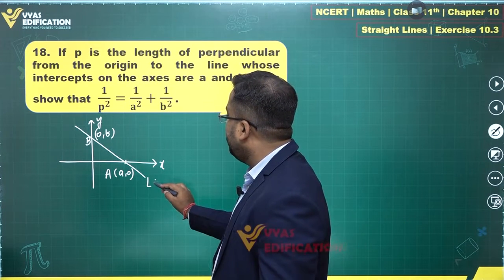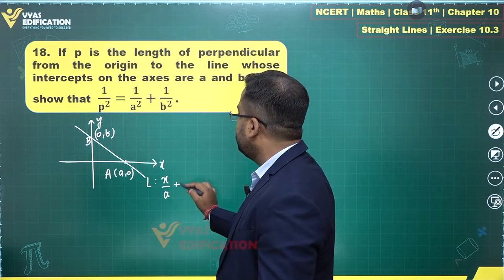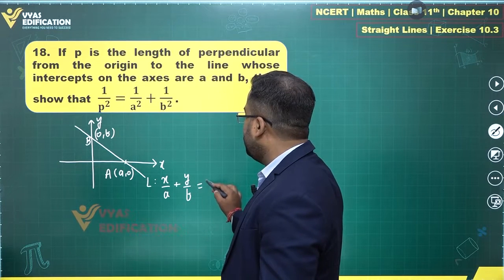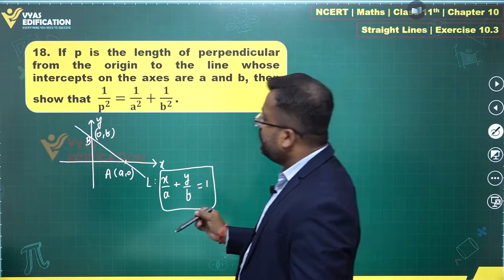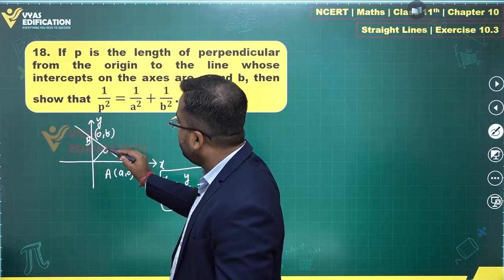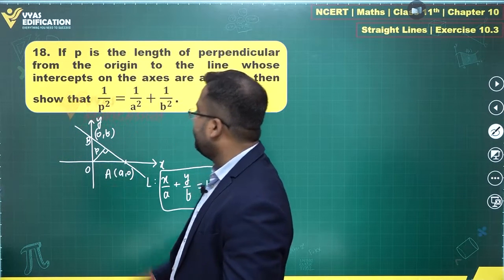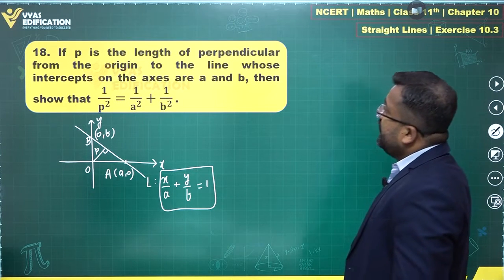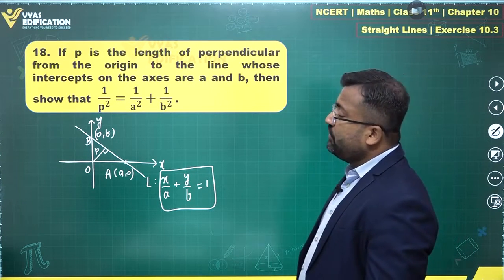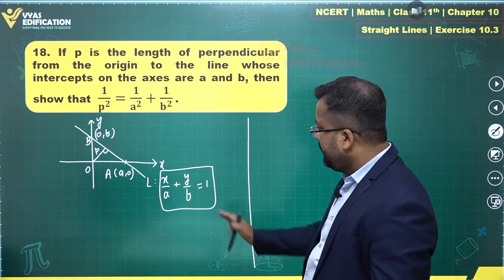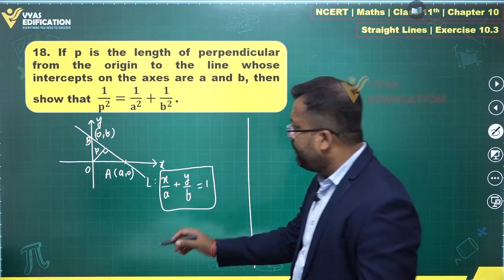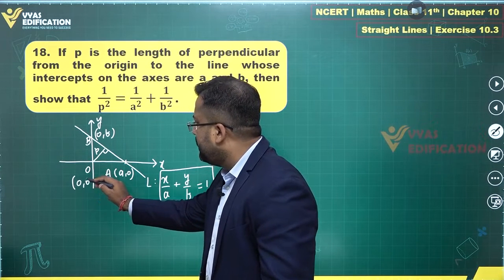Equation of line L will be x upon A plus y upon B equals 1. What else? P is the length of perpendicular from the origin. Okay, you are interested in this. Now we are talking. So we have the equation, and we have the point from which we need the perpendicular distance, right?